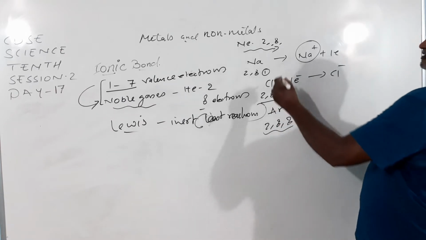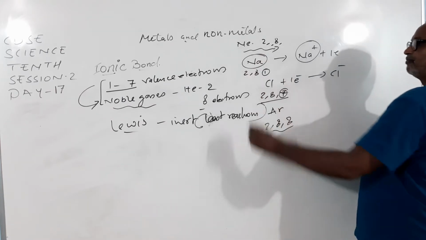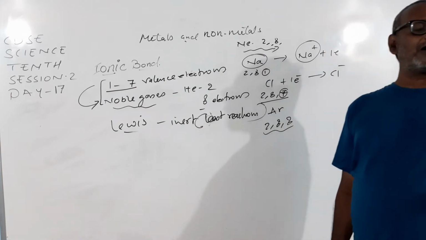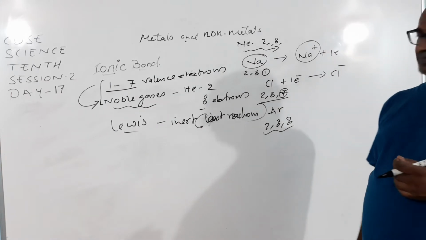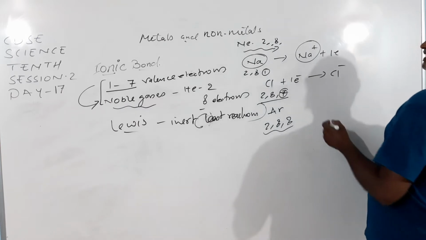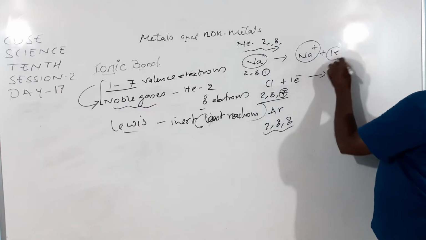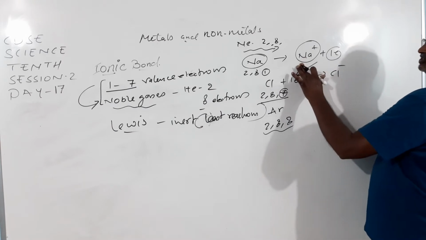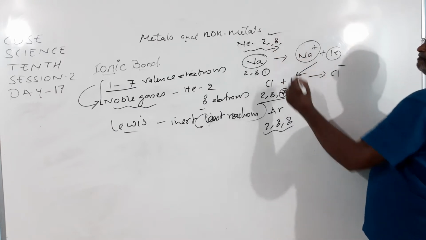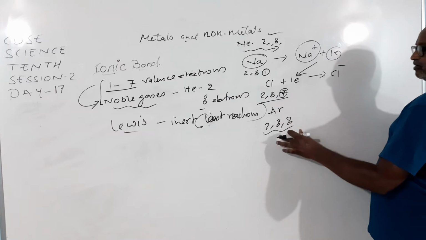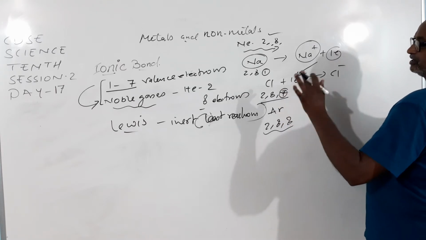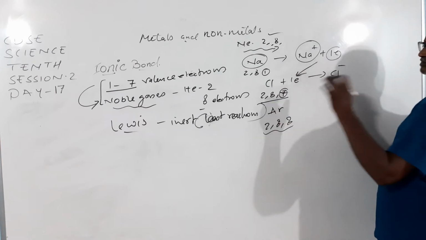Now, the sodium atom would lose its one electron from the outermost orbit. Obviously, it can transfer its one electron to the chlorine atom so that it will acquire the stable configuration of neon, and the chlorine atom would also acquire the stable configuration of argon.